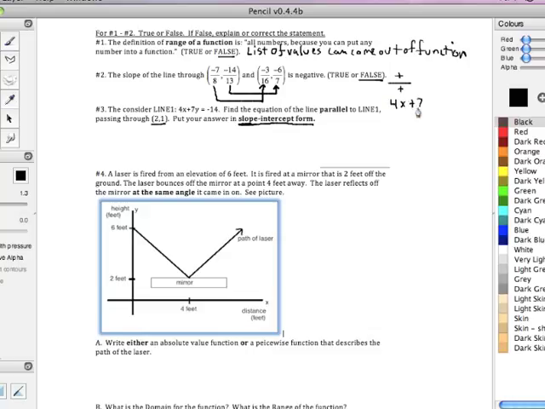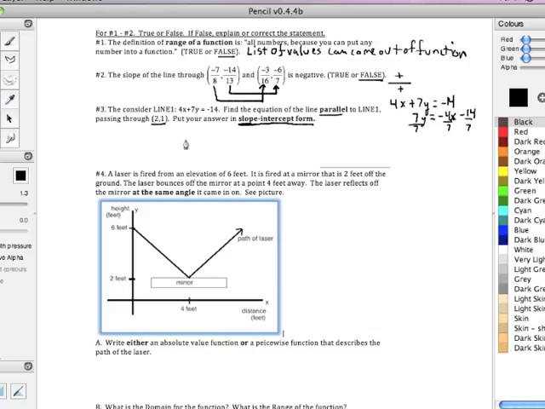If you subtract 4x from both sides, you get 7y is equal to -4x minus 14. Divide both sides by 7, and you can see right away that the slope of this line is -4/7.